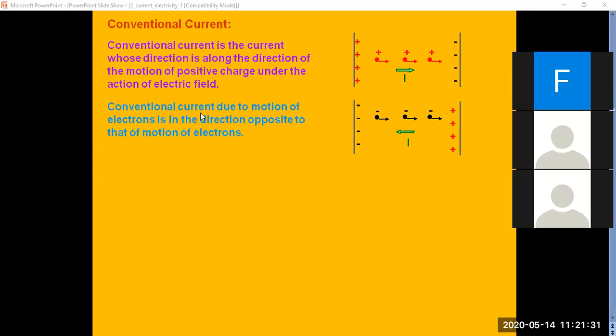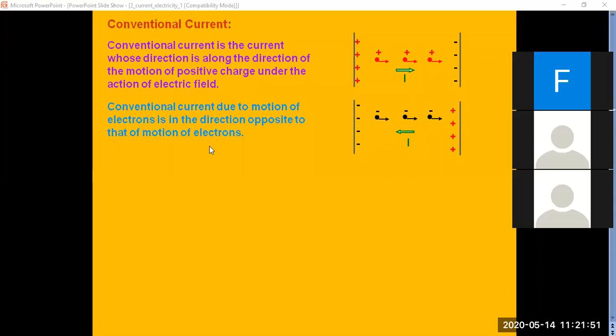So conventional current due to motion of electrons. First what we saw is due to motion of positive charge. So due to electrons, it will always be in the opposite direction of the electrons. So looking at the diagram, keep this clear in your mind.